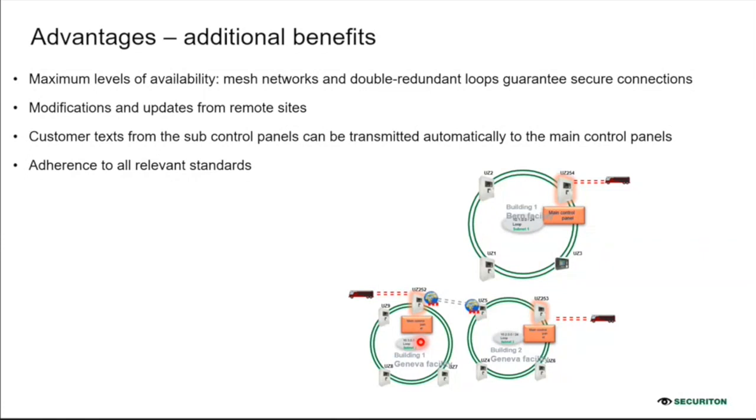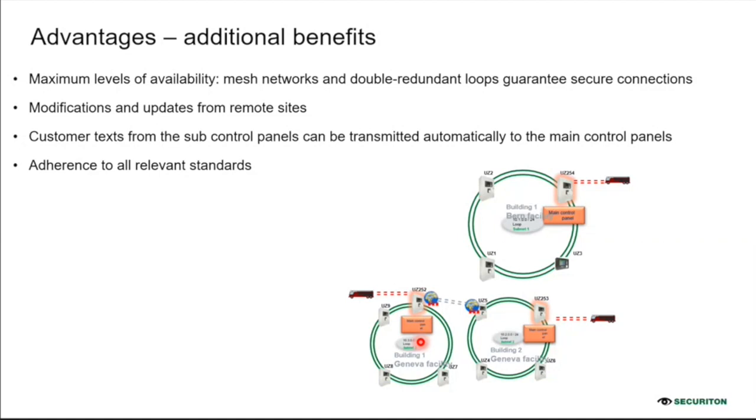Again, additional benefits: we can make modifications and updates from remote sites. Customer text from sub control panels can be transmitted automatically to the main control panels. And whenever we have redundancy, we fulfill all standards, all the norms.